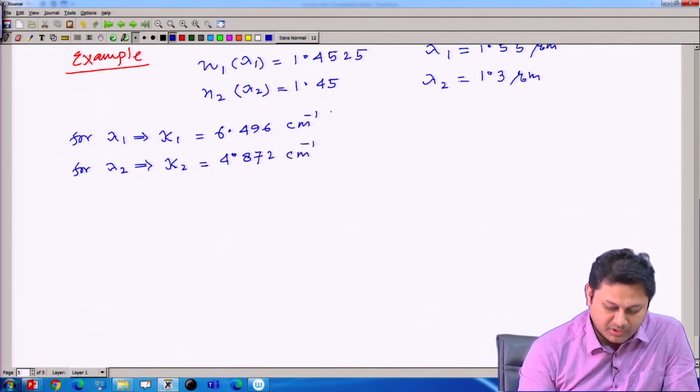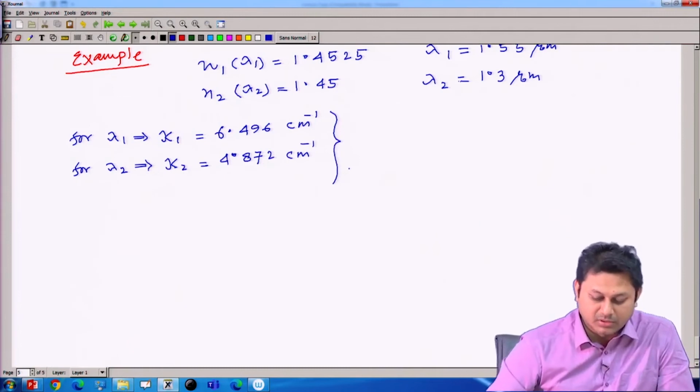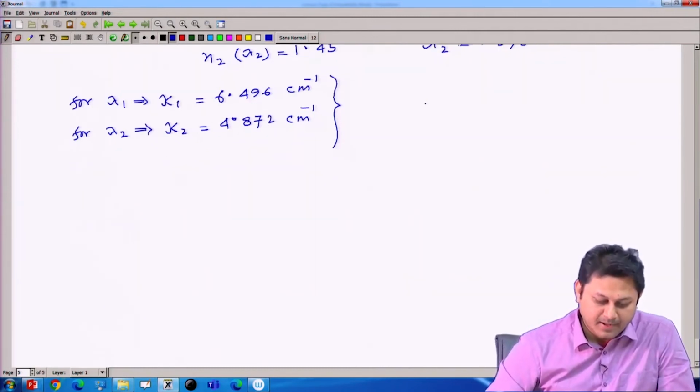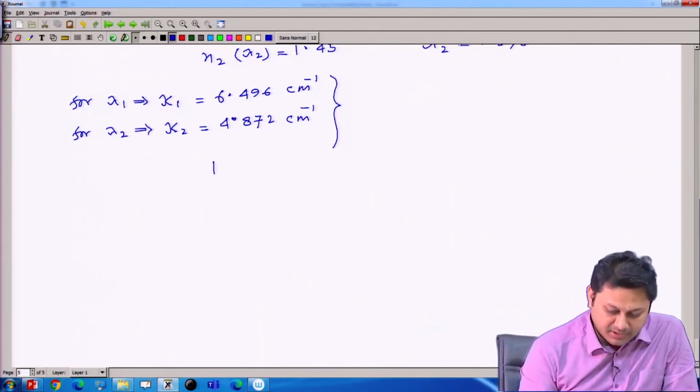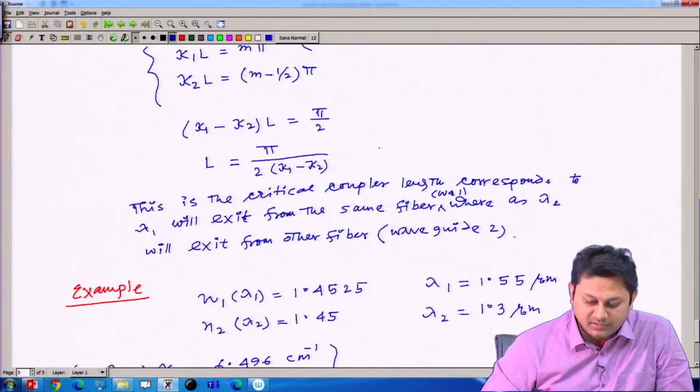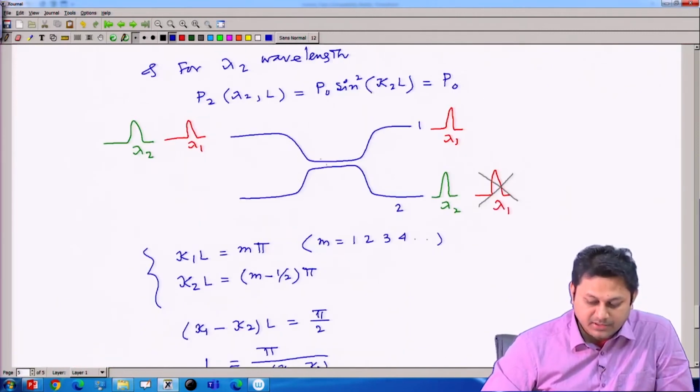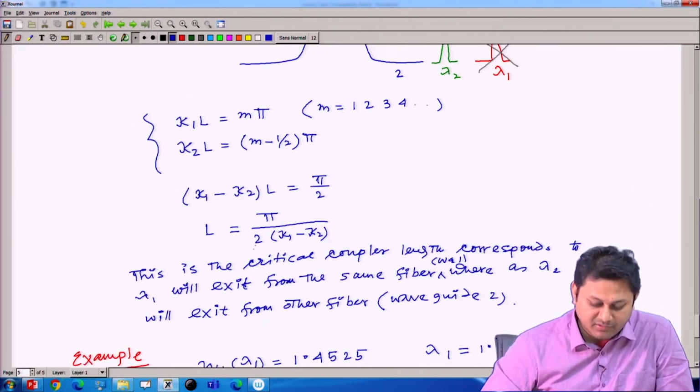So, lambda 1 and lambda 2 are given, and kappa 1 and kappa 2 are given for these two wavelengths, and I can readily calculate my critical length at which this separation of the wavelength happens.